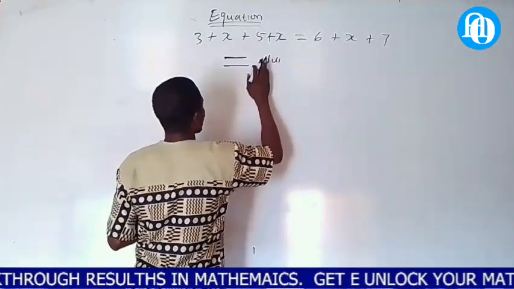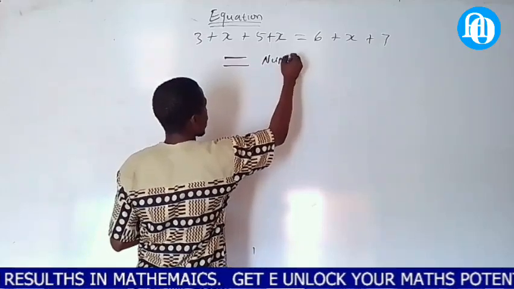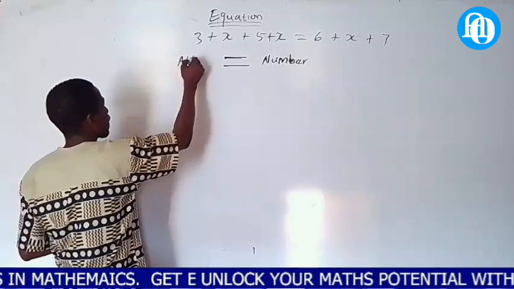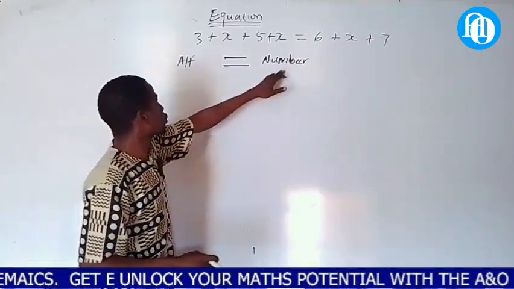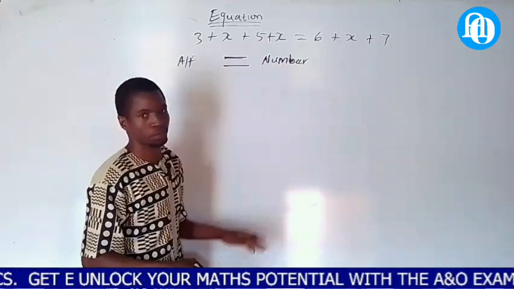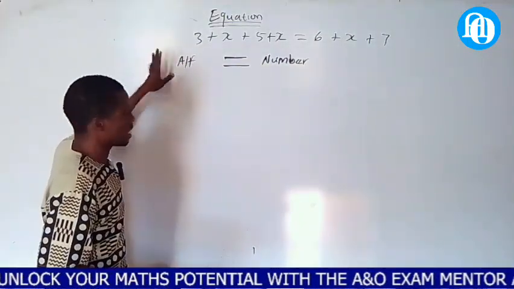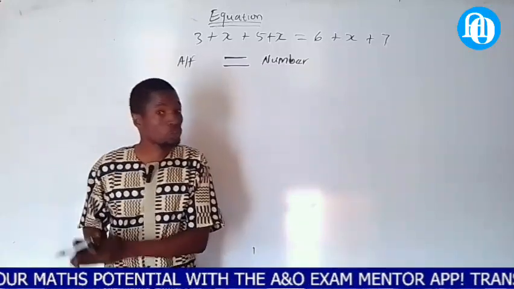This place will represent number. And this place will represent alphabet. Alphabet and number will be separated from each other. Now, the alphabet will be on this side, the number will be on this side. That's what we mean by equation.